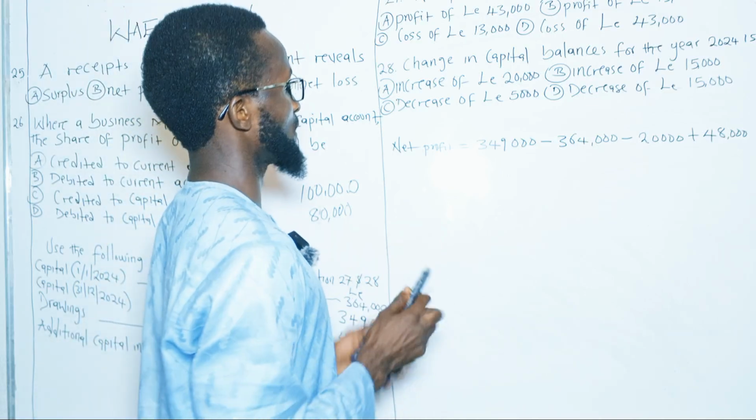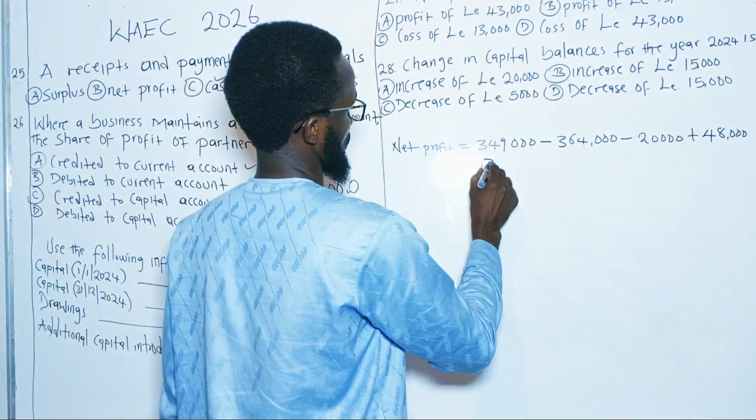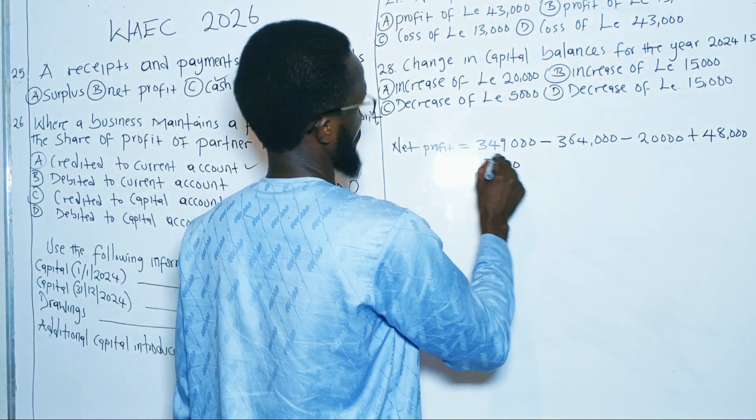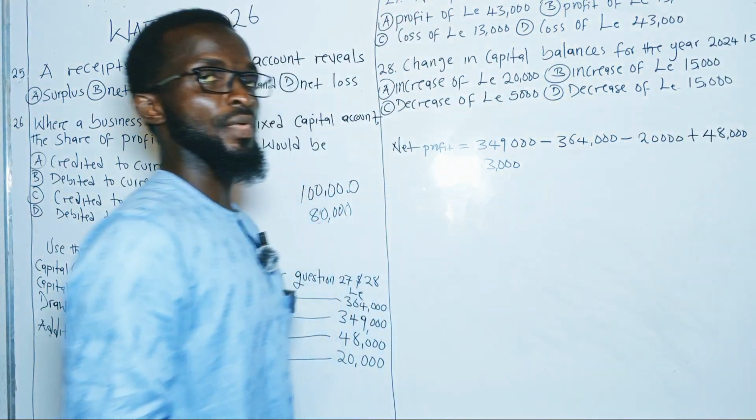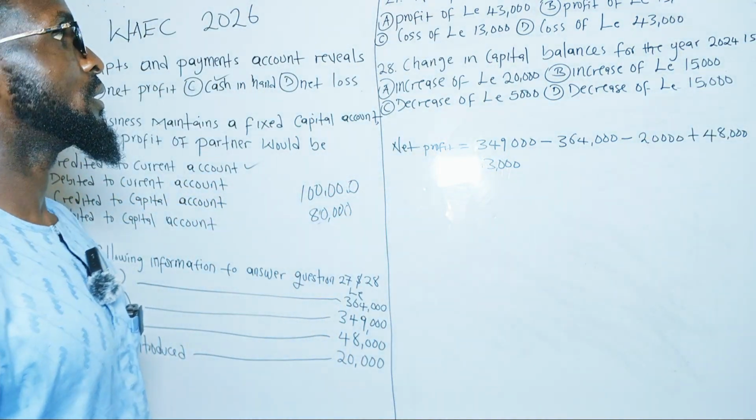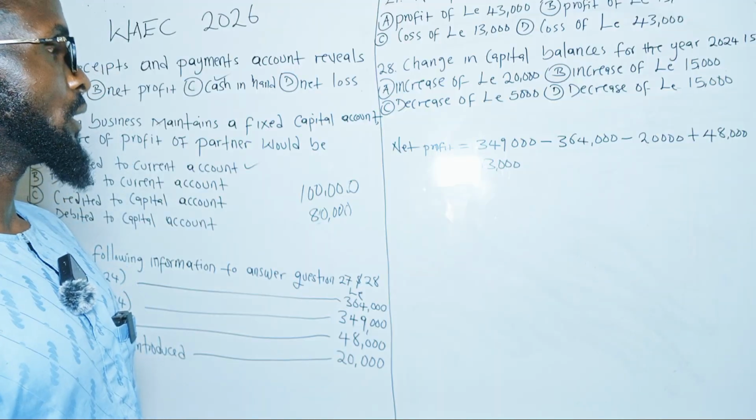So our answer is 13,000 left. Where is 13,000 here? Therefore, our answer is B, 13,000. This is how to determine your net profit.